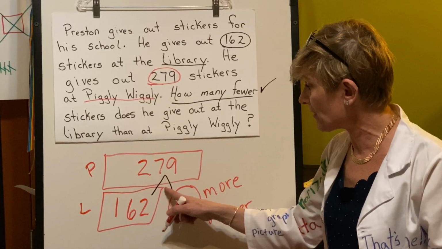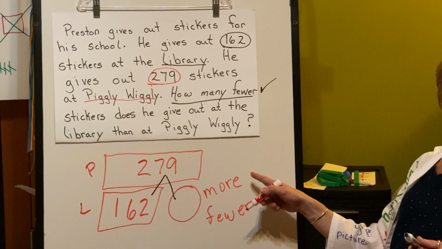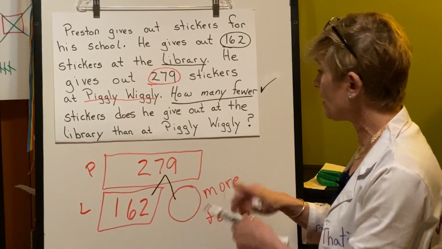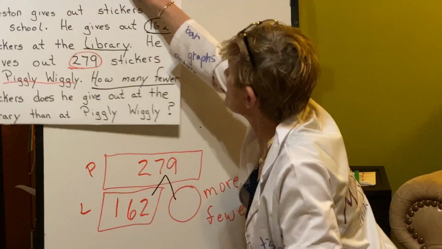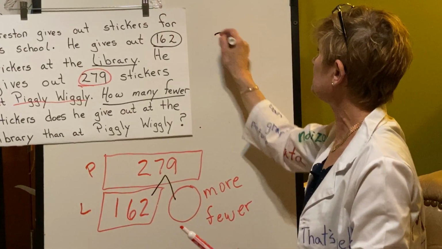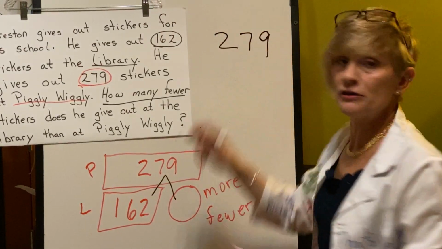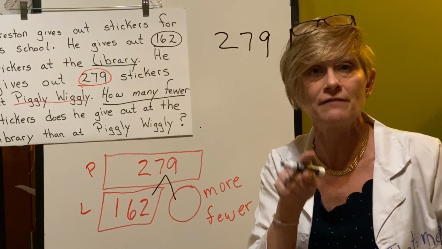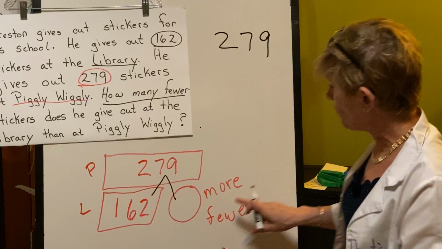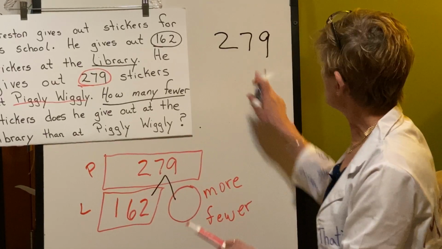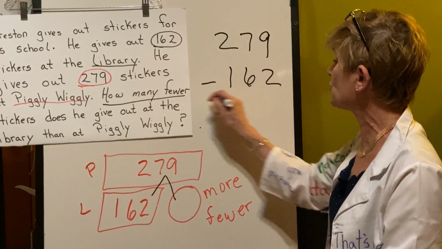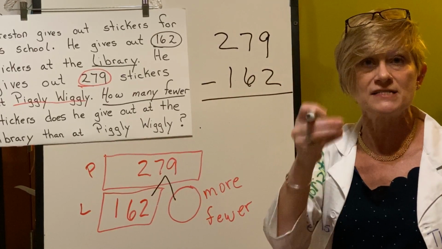We're just trying to figure out how many more it goes, and for this number, how many fewer. I'm going to take the 279 and look for the difference. We've talked about subtraction. That's when we're looking for what makes things different, what makes it more, what makes it fewer. So 279, I'm taking away that 162 because that's going to tell me what is fewer.